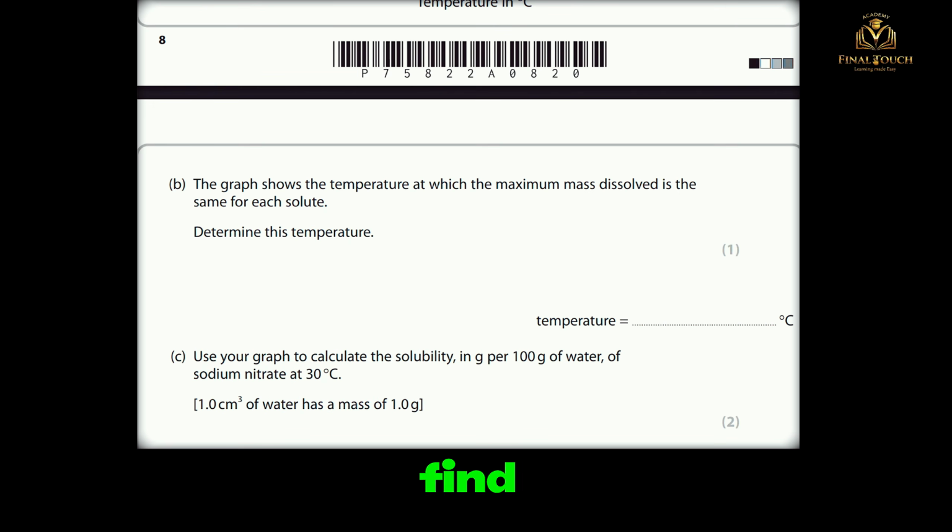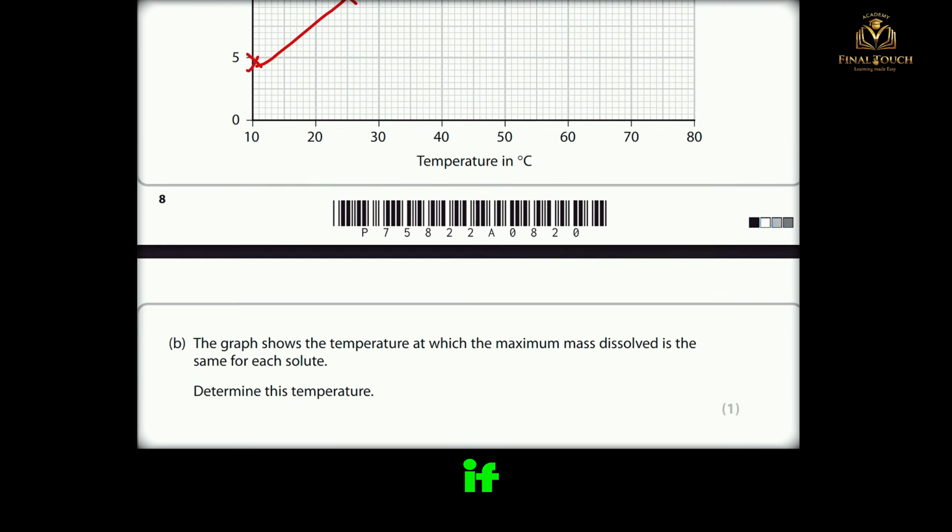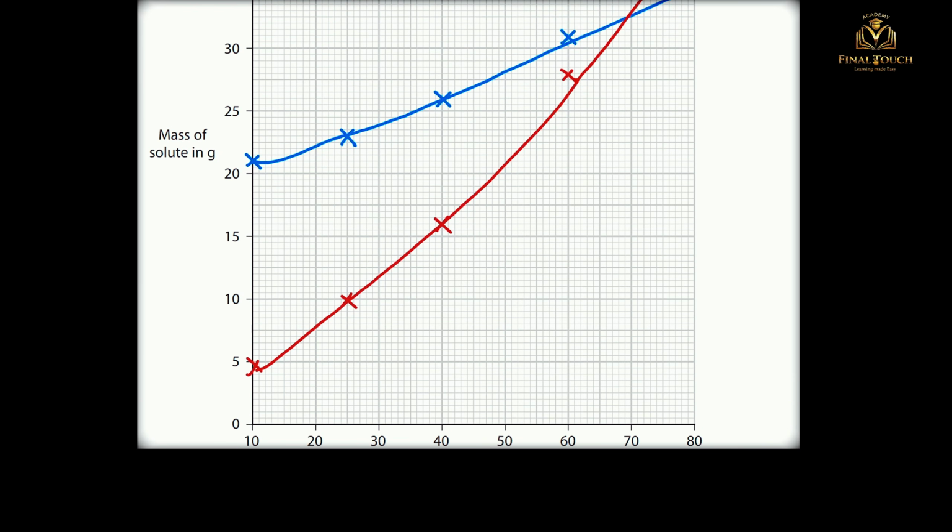They told us to find the graph that shows the temperature at which the maximum mass dissolved is the same for each solute. Determine this temperature. So if we look into the graph, at approximately this point is where the graphs intersect with each other, and this is close to somewhere at 69 degrees Celsius.